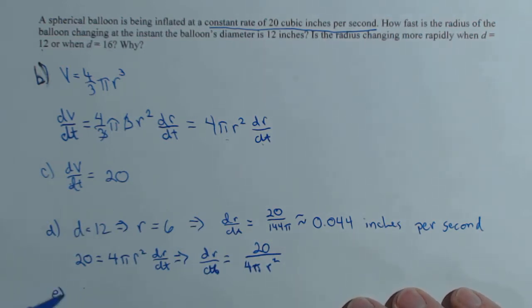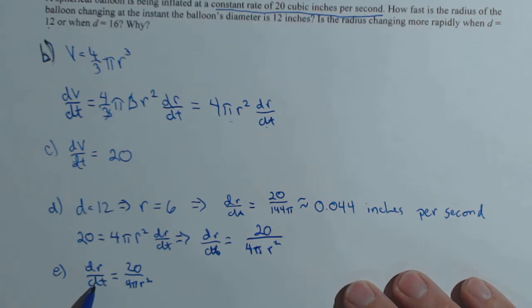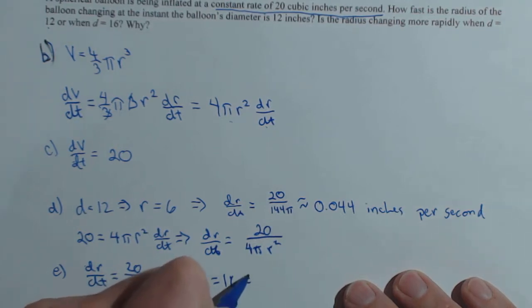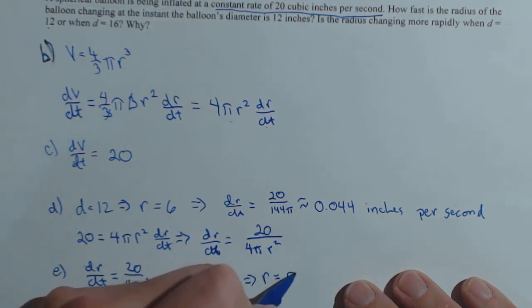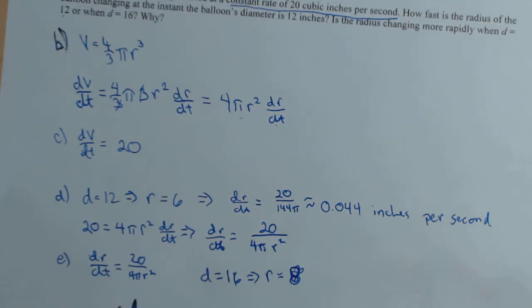Now, something to notice in part E, notice our dr/dt. Like we said, it is 20 over 4 pi r squared. So the larger r gets, the smaller dr/dt gets. If we wanted to compare at a diameter of 12 versus a diameter of 16, which would be a radius of 8, we would expect to see a smaller value of dr/dt.